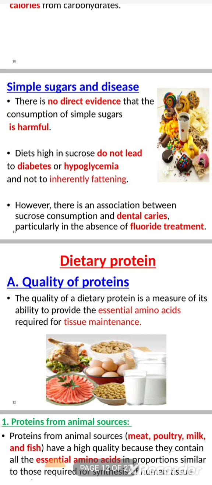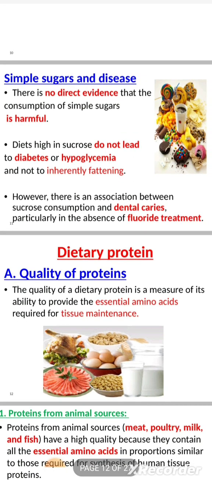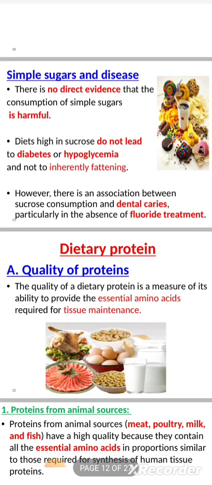But with exhaustion of insulin, it can lead to diabetes mellitus. A diet high in sucrose does not lead to diabetes or hypoglycemia in healthy people. But if you have a problem with insulin, in the secretion of insulin or the sensitivity of insulin, it can lead to diabetes mellitus, as I told you.